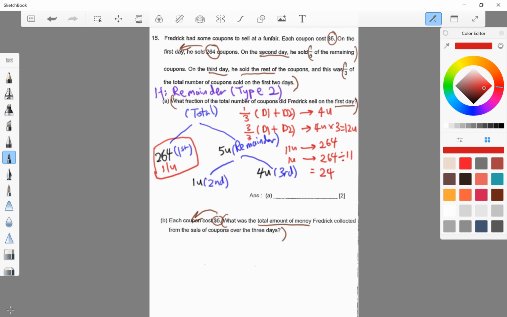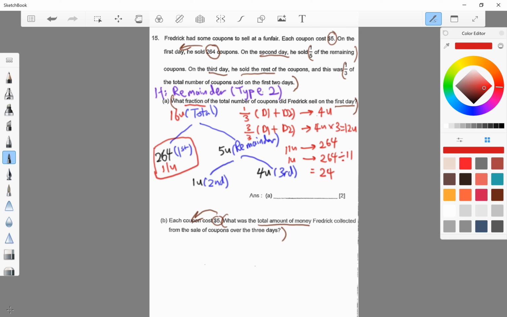But the question is not asking us for numbers, they're asking us for the fraction of the total number of coupons he sold on the first day. So after we realize that day 1, the 264 coupons, is actually 11 units, and I recall that my remainder is 5 units, I would be able to find the grand total, and that has got to be 11 plus 5, 16 units. Okay, 16 units.